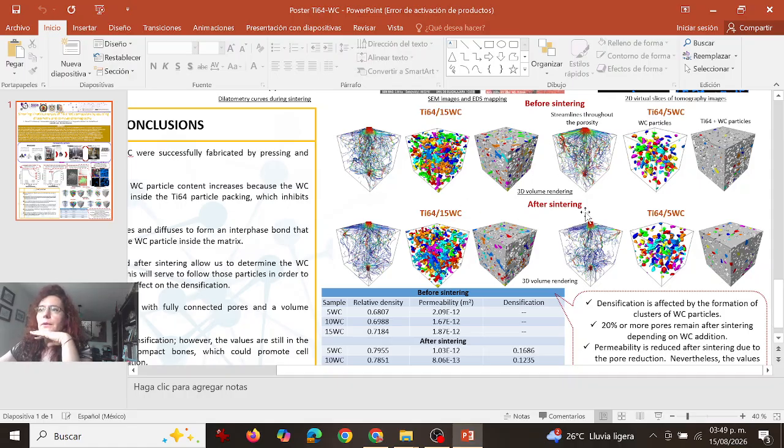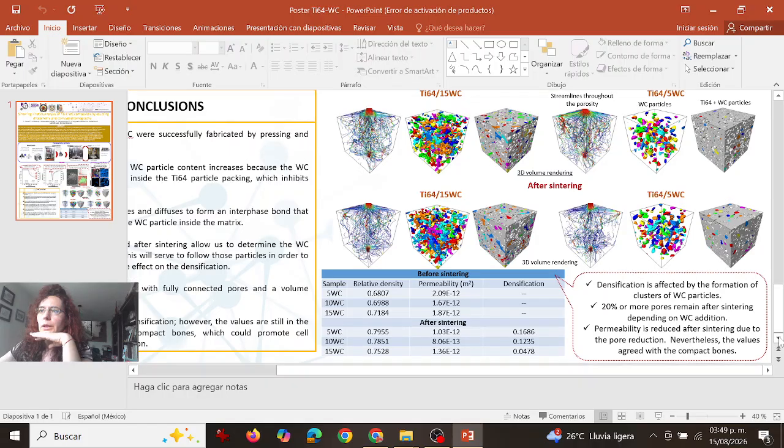Well, from these 3D images we obtained from the tomography, if we take out the values before and after sintering, we can have the relative density and the permeability for the three types of samples we use, with 5%, 10%, and 15% of tungsten carbide added to the titanium-64.